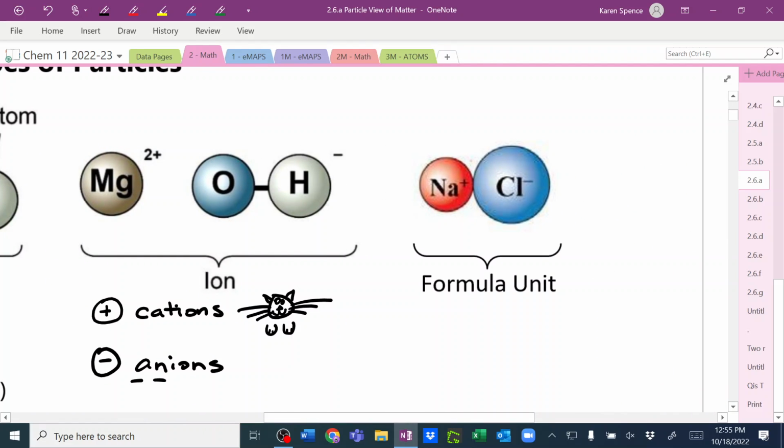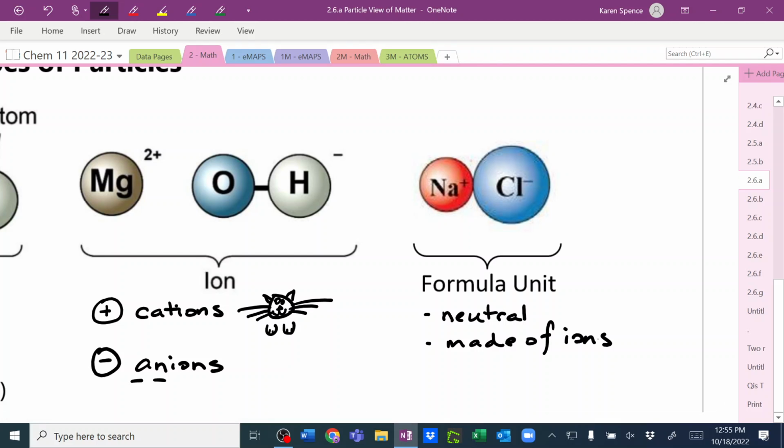And then finally, we have this new one that you may or may not have come across. This is called a formula unit. It is neutral, but it is made of ions. It's like a molecule for an ionic compound.